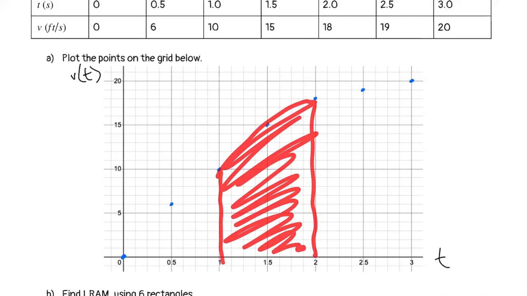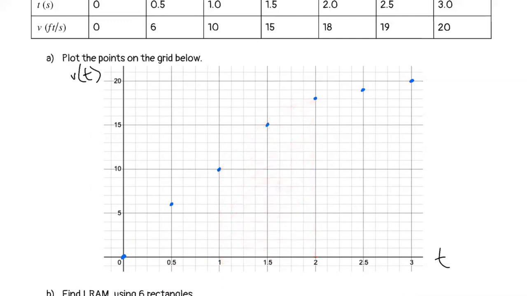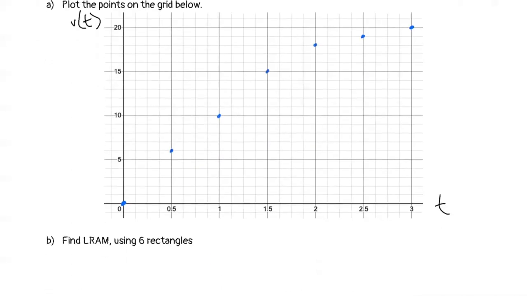Very nice. Looking at just the part that I've shaded in, I'm looking to find how far she went between the first second and the second second. So depending on which area you choose, that tells you how far she traveled over that period of time. And that's what we're finding.